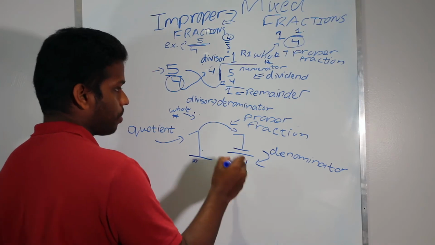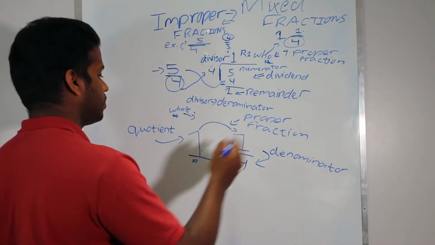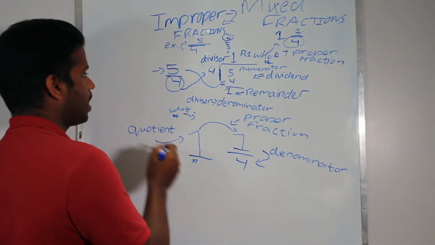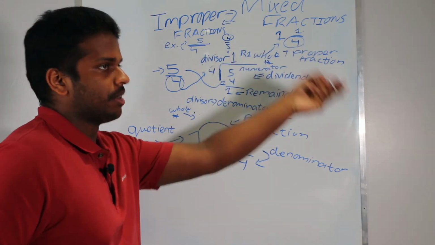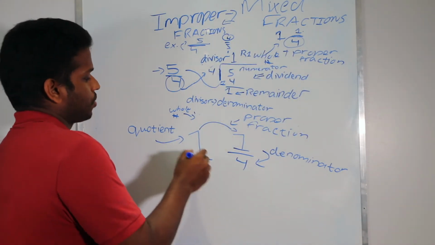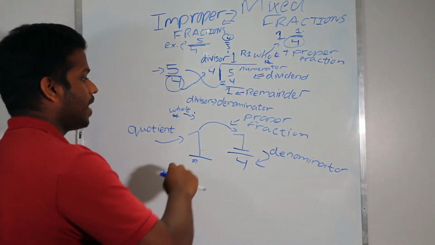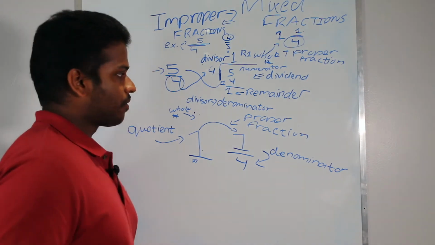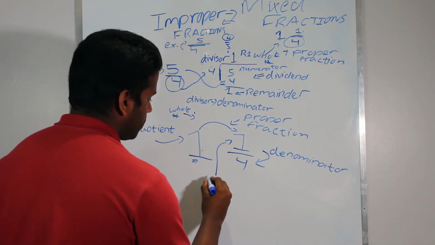The denominator is part of the proper fraction in the mixed fraction, and our whole number is the quotient, because the other one was the remainder. So the actual quotient is 1, remainder 1. The whole number quotient is the whole number in the mixed fraction, and the numerator for our proper fraction is the remainder.